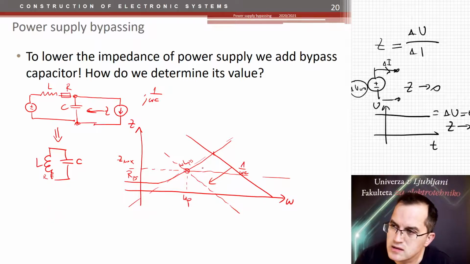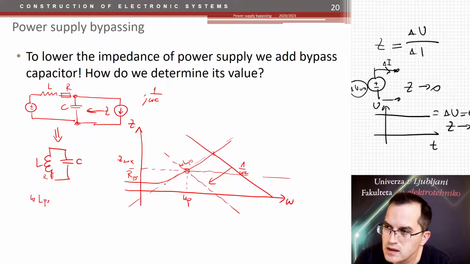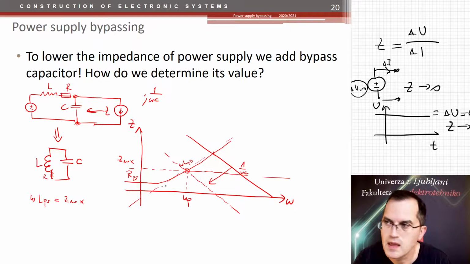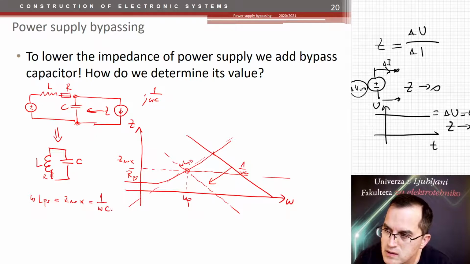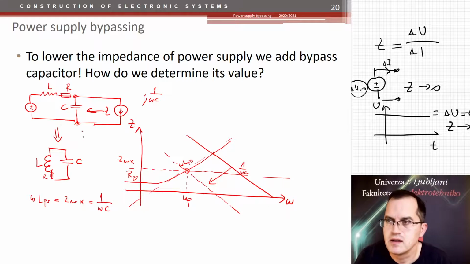So let us now write a few equations. The omega L of the power supply in this point is equal to Z max, right? And it's equal to 1 over omega C. This is the bypass capacitor.